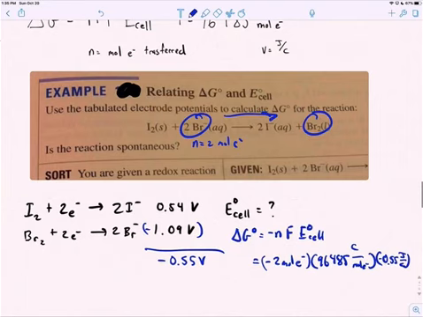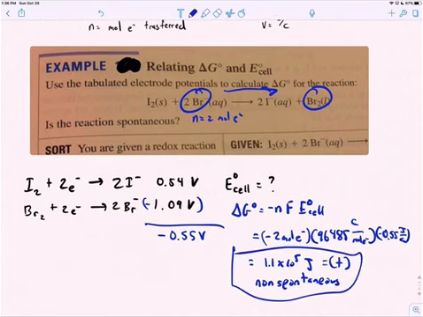You throw this all in your calculator, and notice everything cancels out except for joules, and you get 1.1 times 10 to the fifth joules. Since delta G is a positive number, this means non-spontaneous. So here is our delta G, and since it's a positive delta G, it's a non-spontaneous chemical reaction.